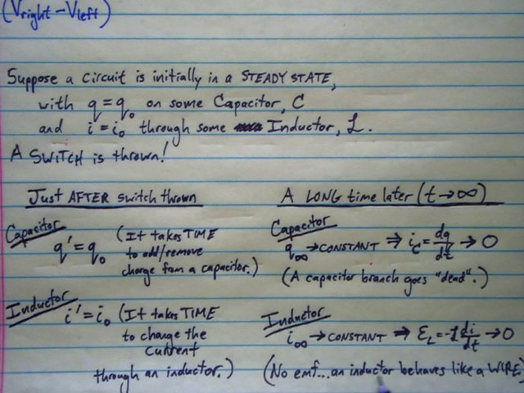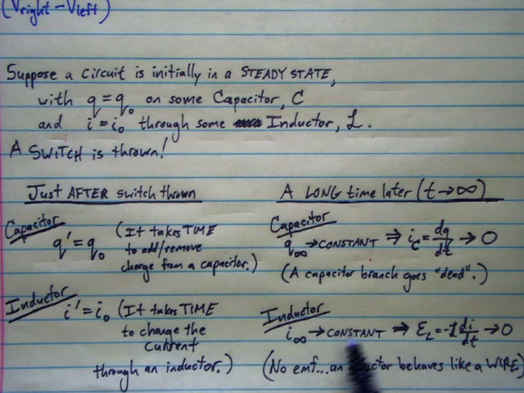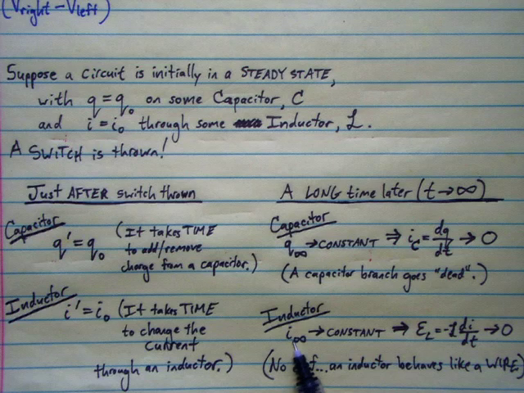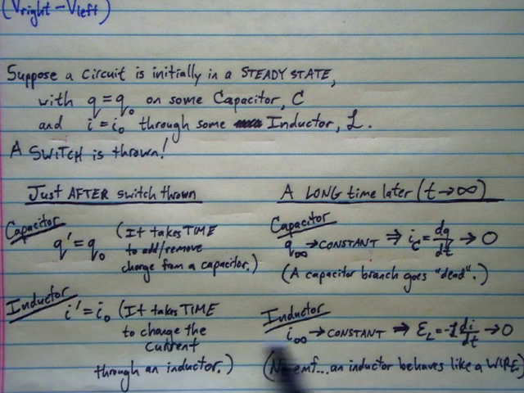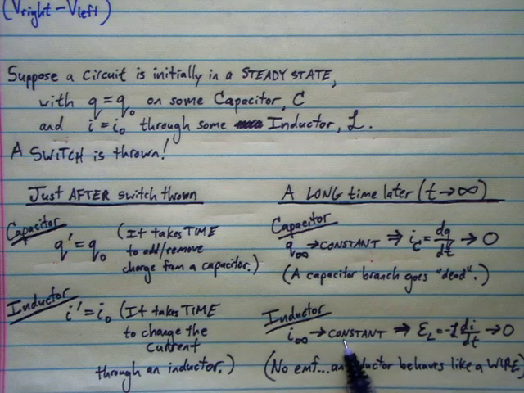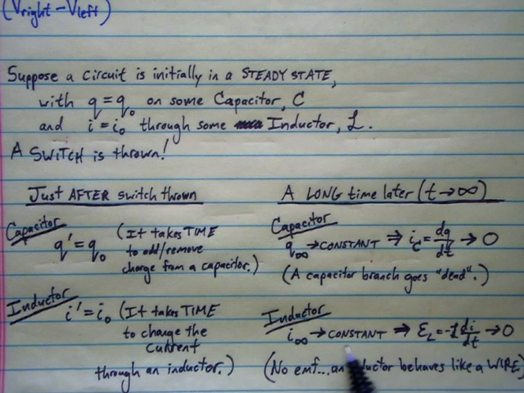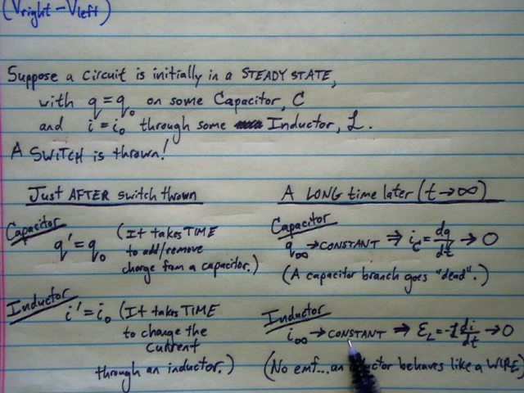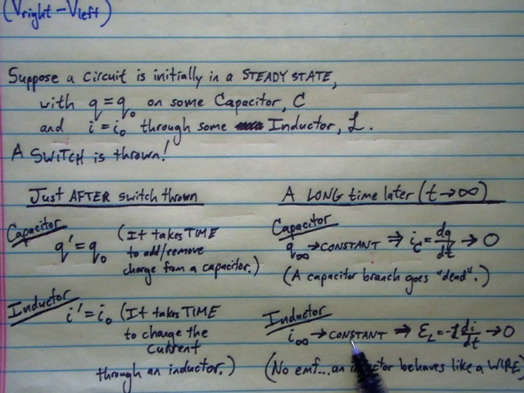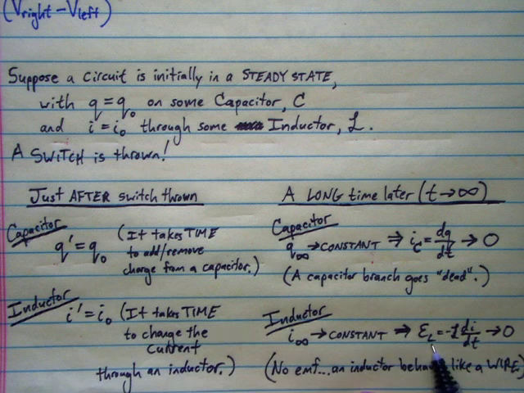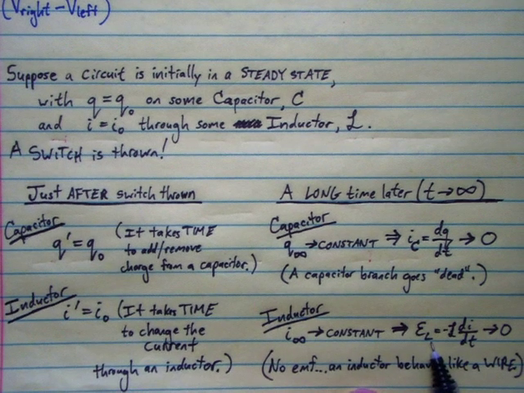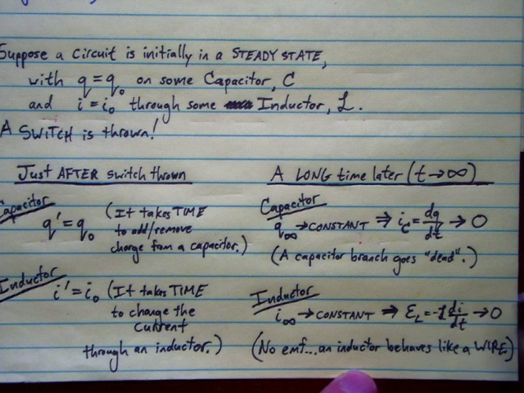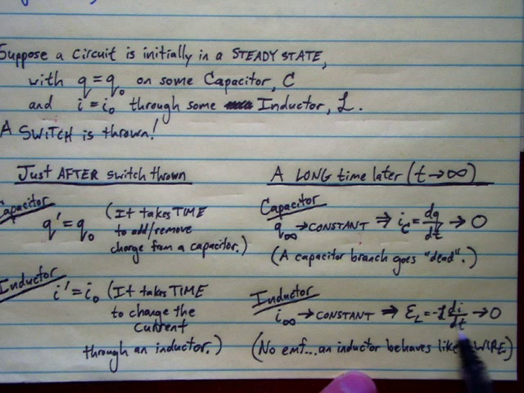An inductor, on the other hand, if we wait a really long time, the current flowing through that inductor may have changed from what it was initially, but it will approach some final constant value. Maybe zero, maybe non-zero, but the current through that inductor will approach some final constant value, meaning that the potential difference across that inductor, your EMF, related to the rate of change of the current, well, if the current is approaching a constant, then di/dt is approaching zero, so the EMF approaches zero.